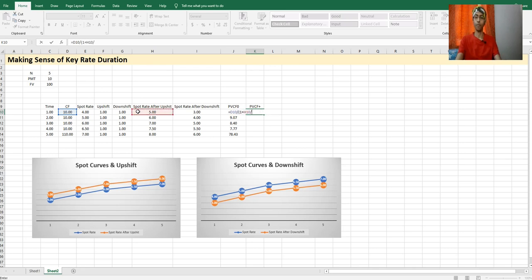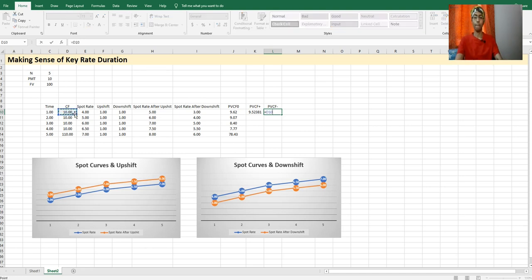Plus upshift, rate after the upshift, to the power the time, right? This is the PV plus. Similarly, we can get the PVCF minus. So, this is for this individual cash flow, what is the present value coming, because when the rates go up, the present value comes down, and now if the rates come down, obviously the present value should go up. Let us see.